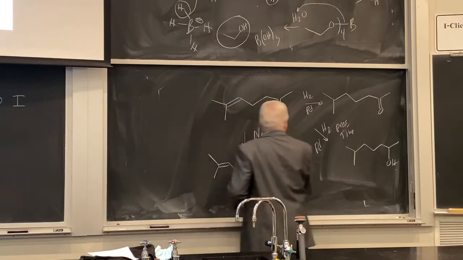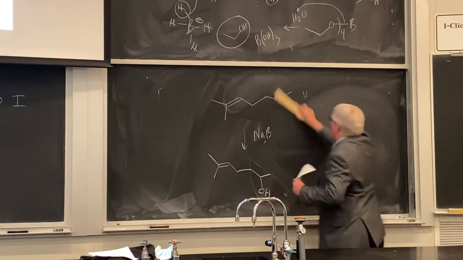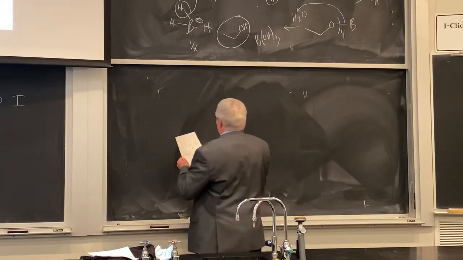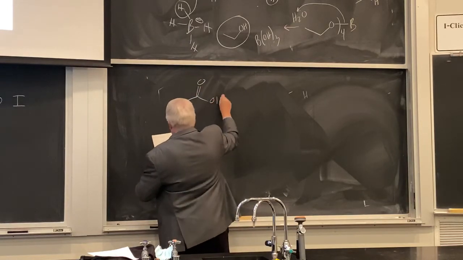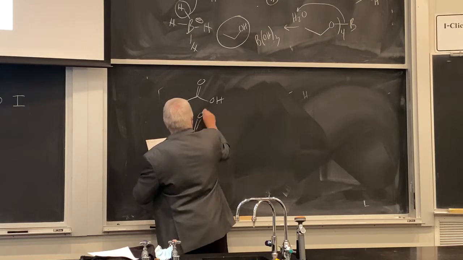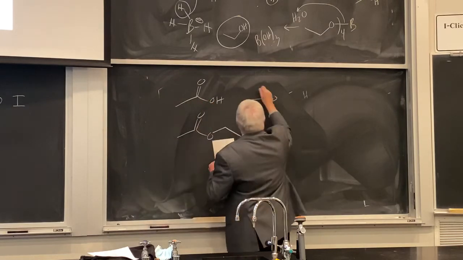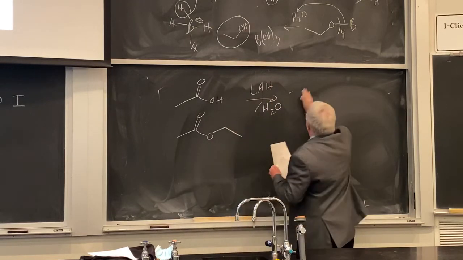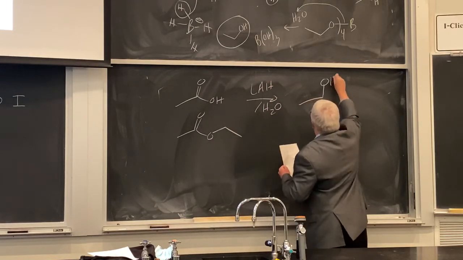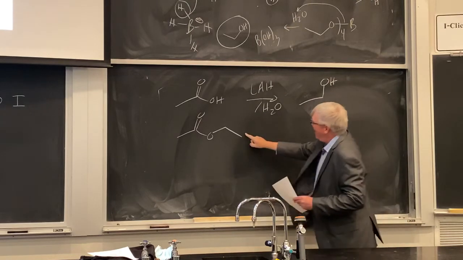All right, let's look at LAH with these agents here. So we've got carboxylic acid, and we've got esters, and LAH, and water, and look at this. You go to the alcohol, okay? What about this one?